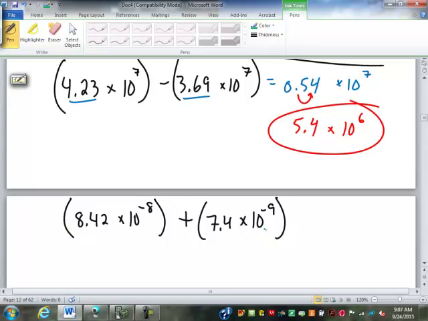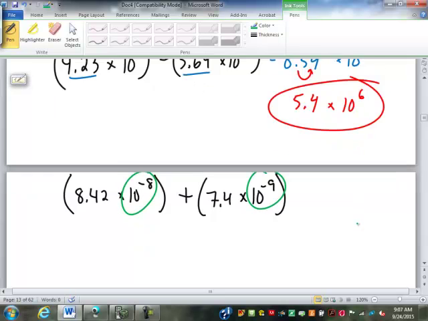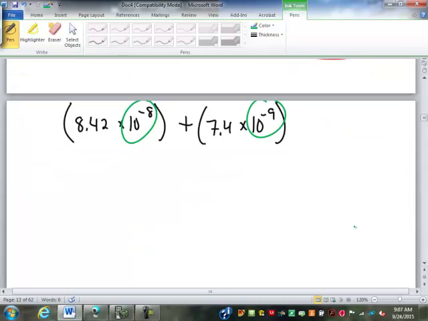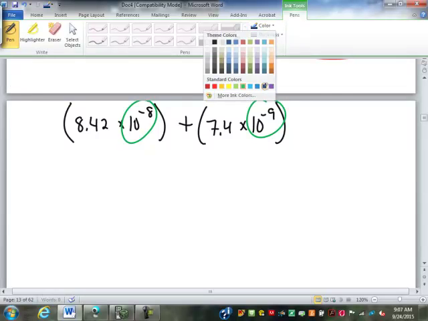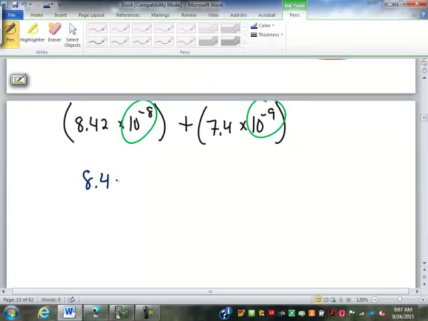Okay, down here, we're adding. Do we do 8.42 plus 7.4? Say no. Why not? Currently, we have different powers of 10. Remember, we said we convert to the larger one, which is the negative 8. So we went from negative 9 up to negative 8.